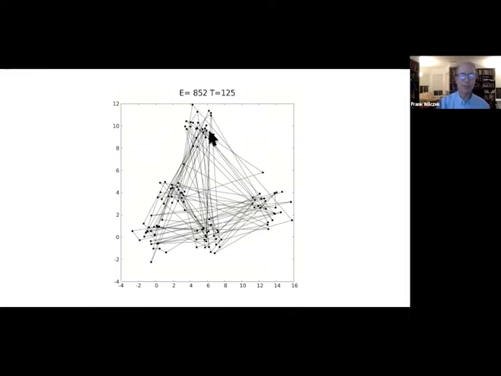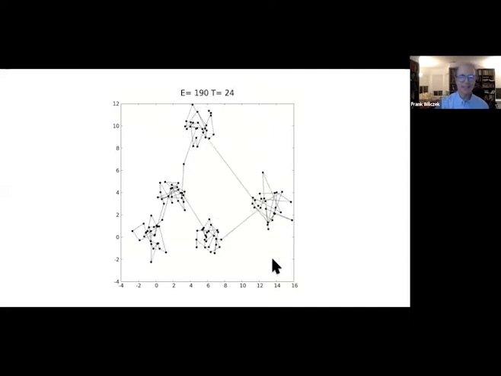You start off with a more or less random guess for which order of cities to take, and then you cool it down, impose energies, and take the energy out, and it settles down into a very good path.